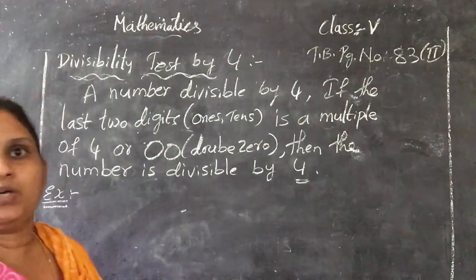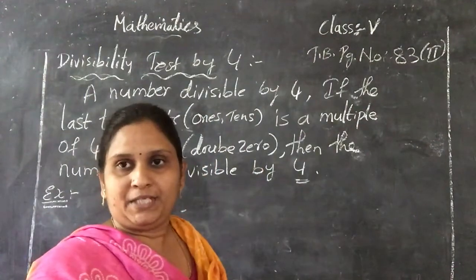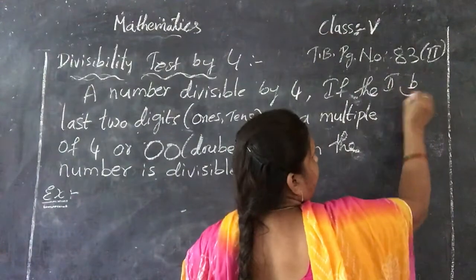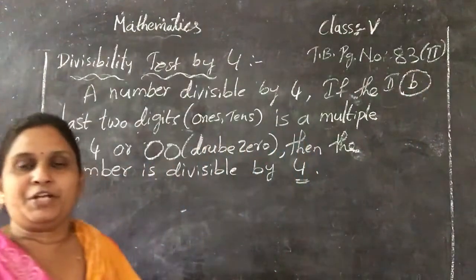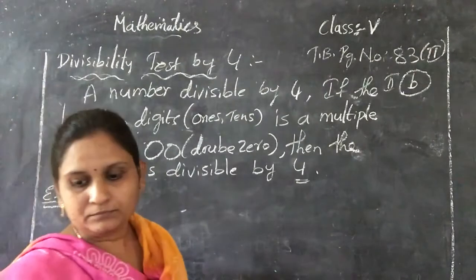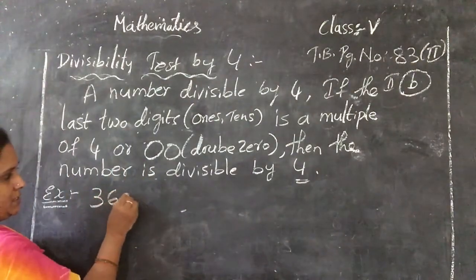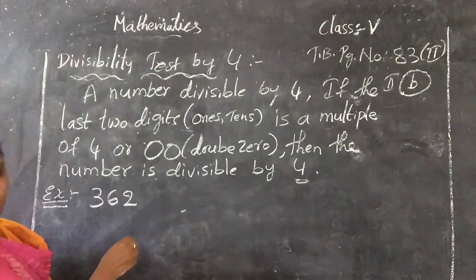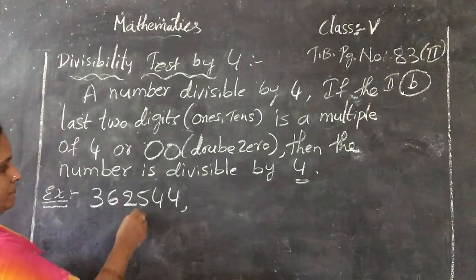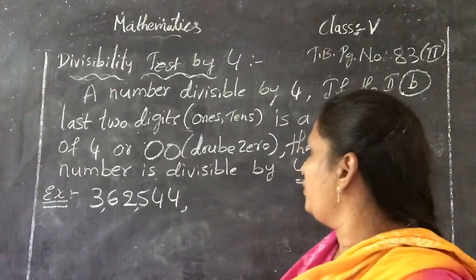For this also, I am taking the example from textbook page number 83, section 2B. From section 2B, the first sum: 3,62,544.